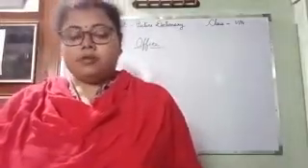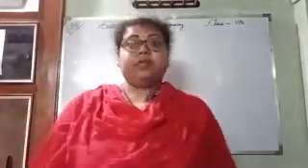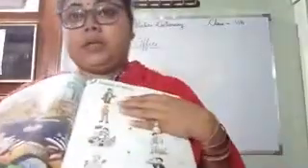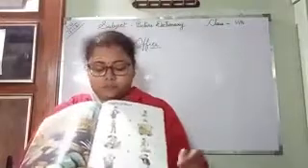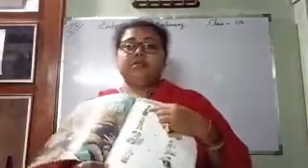Okay, now revision of the old chapter. What we have done earlier, we have done people at work. I have explained people at work to you. So this one, doctor. Who is he? Doctor.